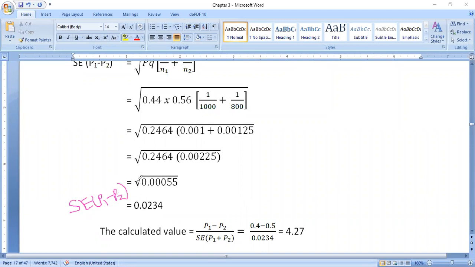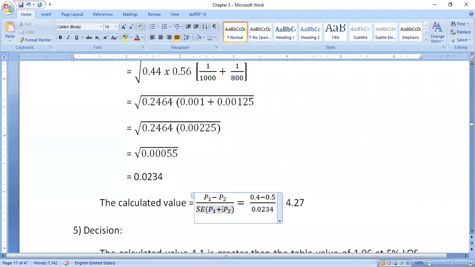So the formula is P1 minus P2 divided by standard error of P1 minus P2, which is 0.4 minus 0.5. This is the P1 value, 0.4, minus the P2 value divided by standard error of P1 minus P2. This value we got already.